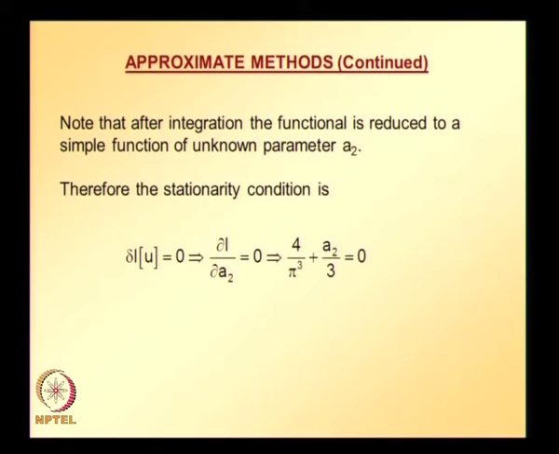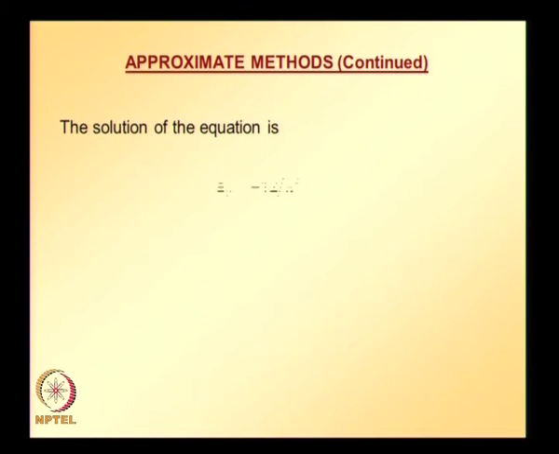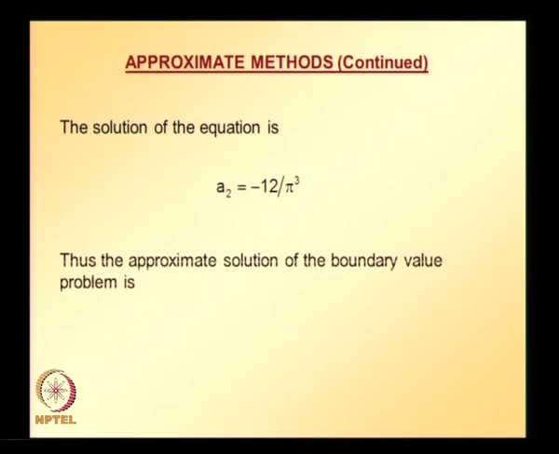Suppose we have more unknowns, we are going to get as many equations as the number of unknowns that need to be determined. Solving these equations, we can determine these unknown parameters. Solving for a2, the solution turns out to be this one, and if you go back and see the solution that we obtained using the Galerkin method, this is exactly what we obtained using the Galerkin method.